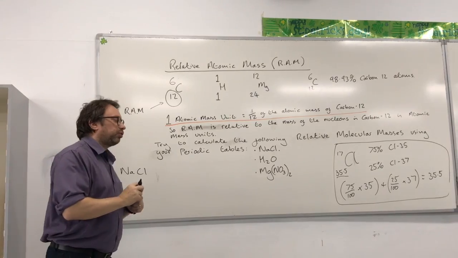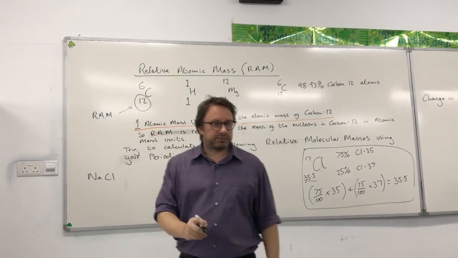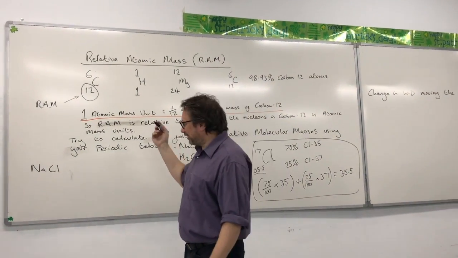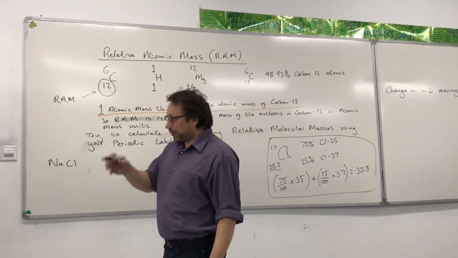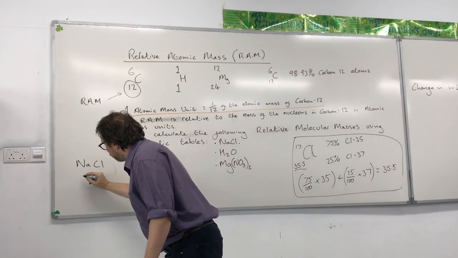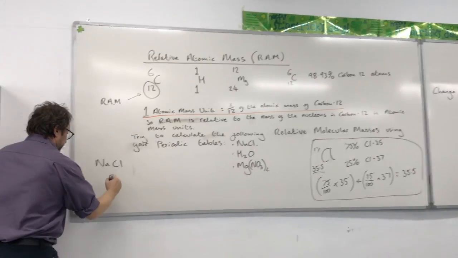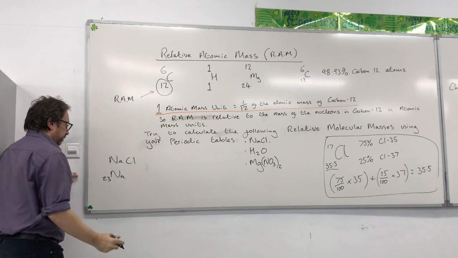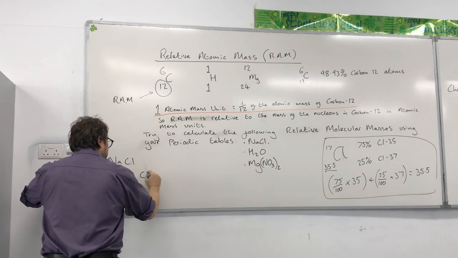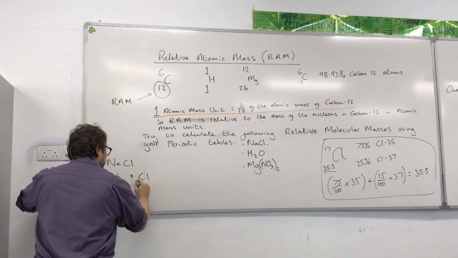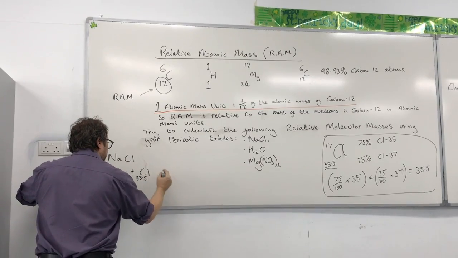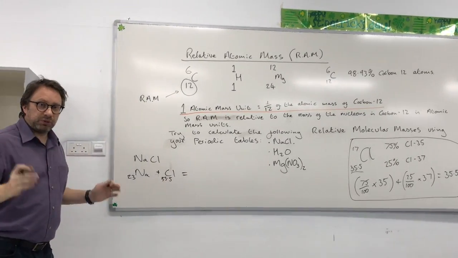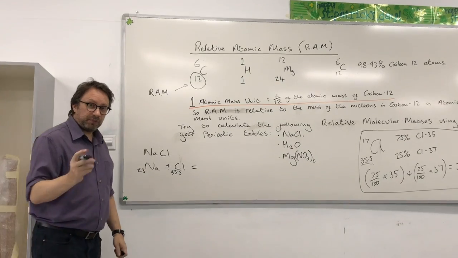Okay, you're back? Great. So, NaCl, we've got Na, you should have found, let me get over this side, try and do this for you. Na, 23, plus Cl, 35.5, and what do we do? We add those together, yeah?